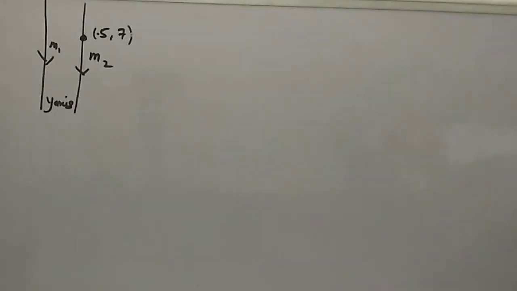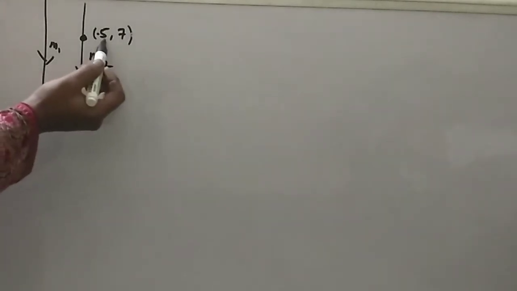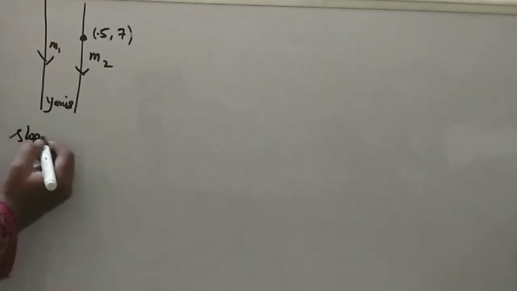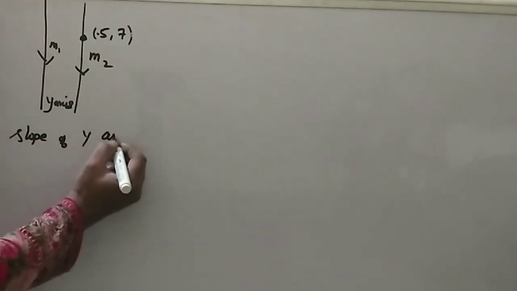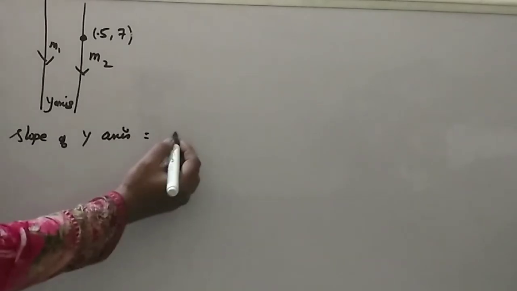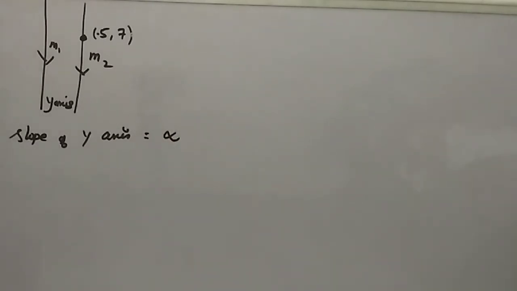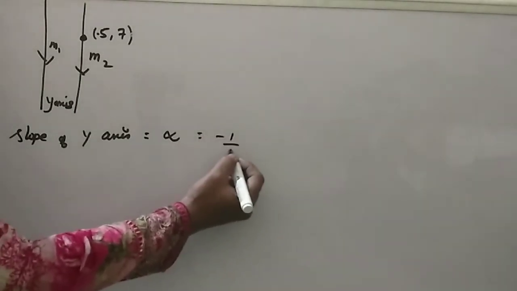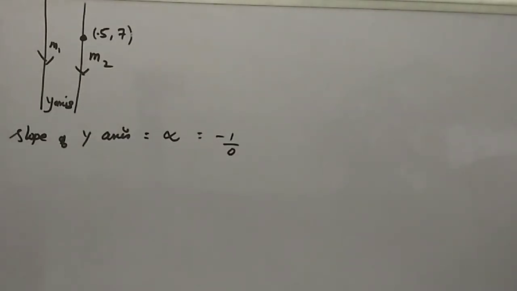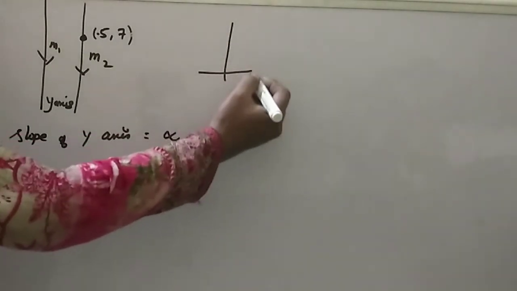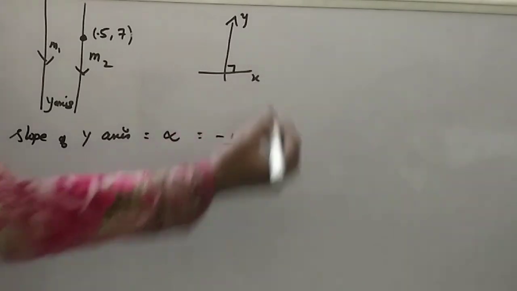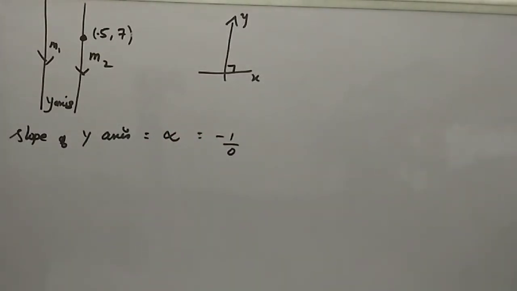See, the line passing through the point (-5, 7) is parallel to the y-axis. And you know, the slope of the y-axis is not defined, that is minus 1 upon 0. You will get this because this is the x-axis and this is the y-axis and they are perpendicular to each other.